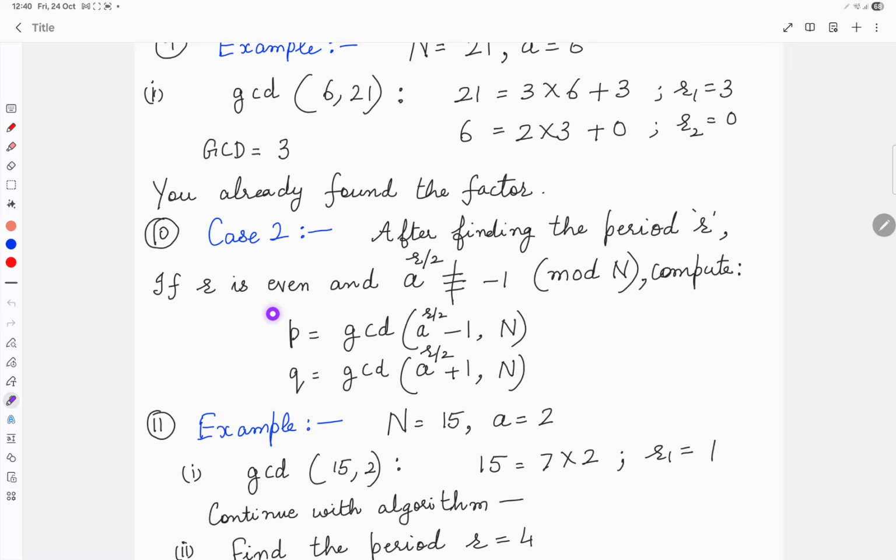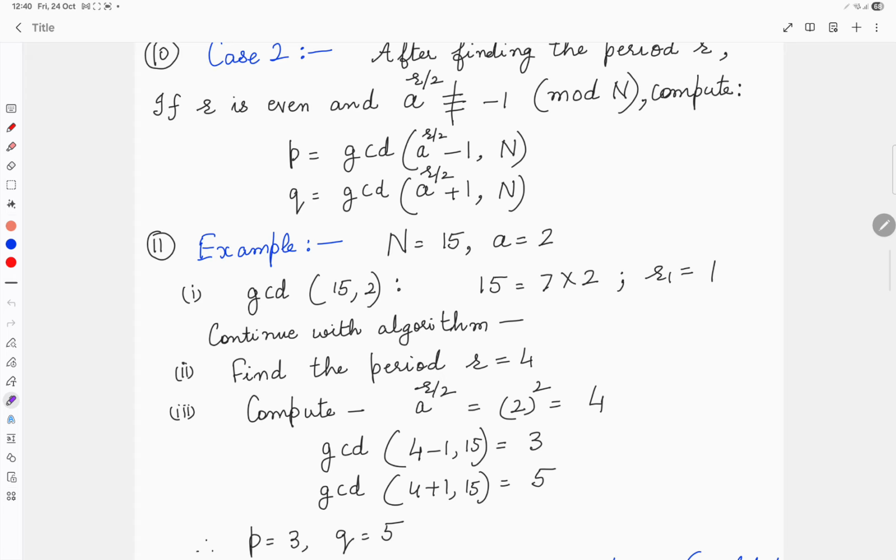If R is even, and a to the power R by 2 is not congruent with minus 1 mod n (I will explain the meaning of this expression in just a moment), then if these two conditions are fulfilled, we will compute these factors by computing the two GCDs.